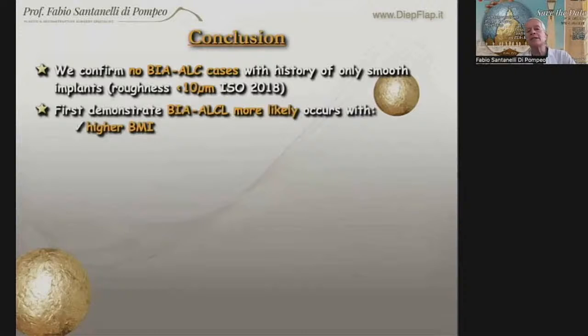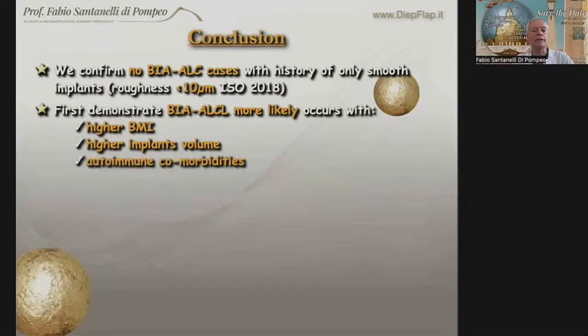With this study that we are presenting now and that will soon be published, we could demonstrate that BIA-ALCL more likely occurs in patients with a high body mass index. It occurs more often with higher implant volume, so there is a direct connection between implant volume and BIA-ALCL occurrence.